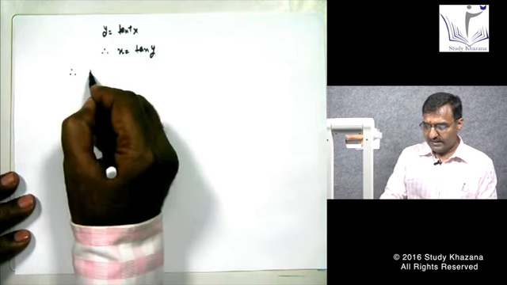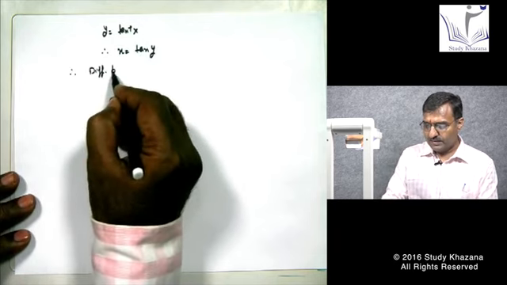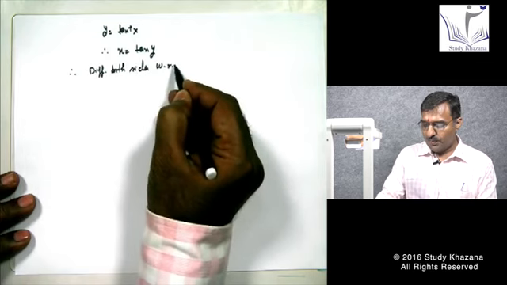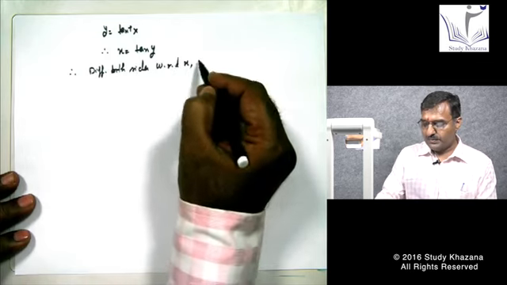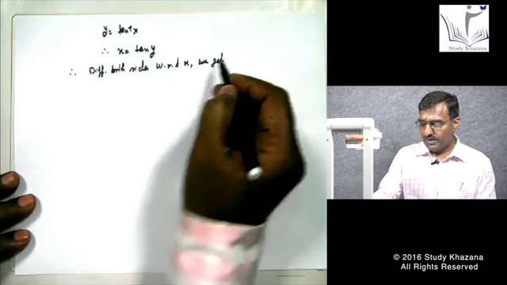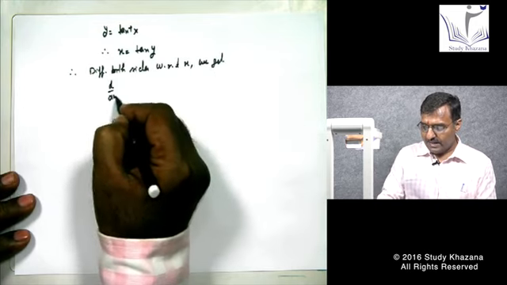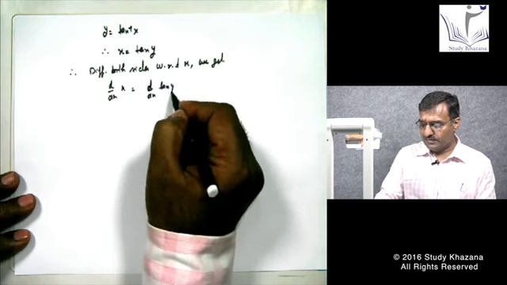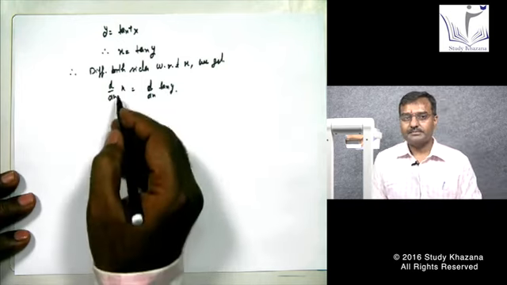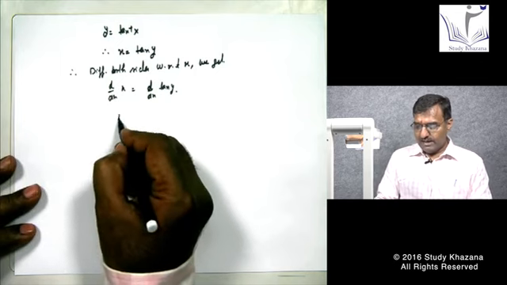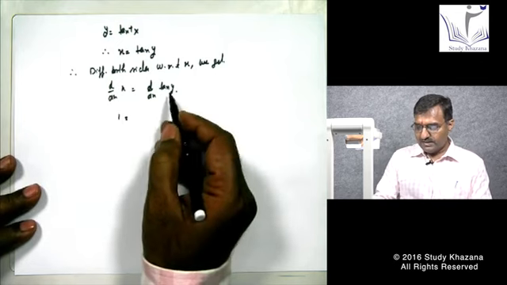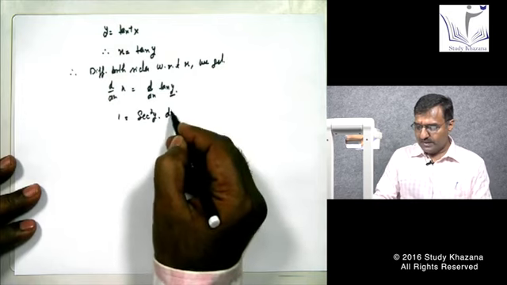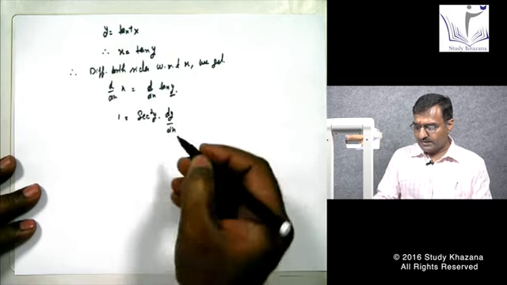Now again differentiating both sides with respect to x, we get d by dx of x equal to d by dx of tan y. Now what is the derivative of x? It is 1. What is the derivative of tan? It is sec square y into the derivative of y with respect to x.